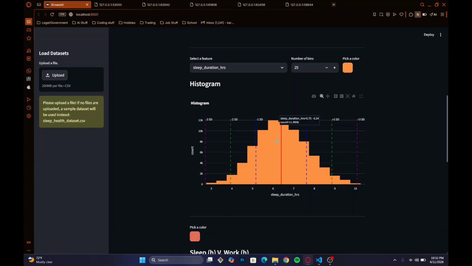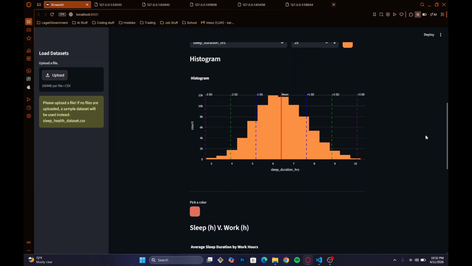For the Streamlit app, I drew some standard deviation lines and a mean. But here this histogram is showing the most common hours that people sleep at. Some of them, that around 68% of people, sleep between these common hours, which are around 5.25 hours to 7.25 hours.